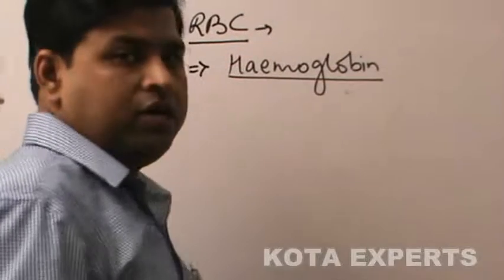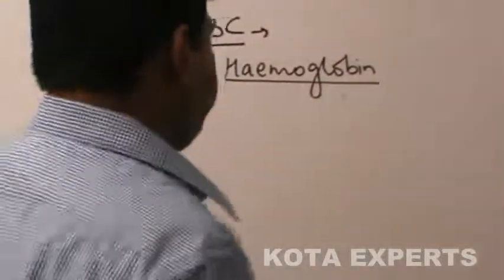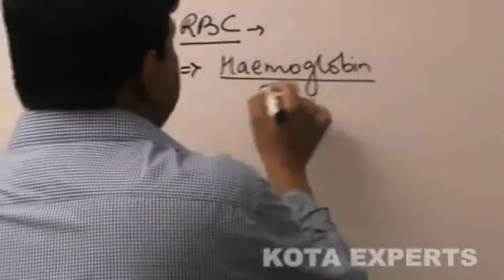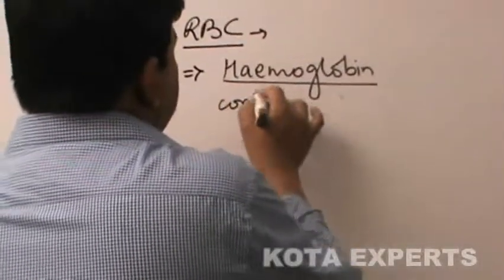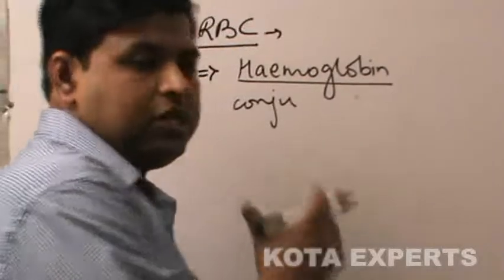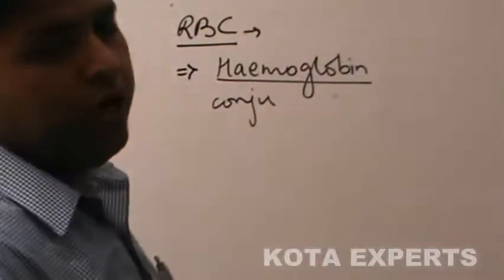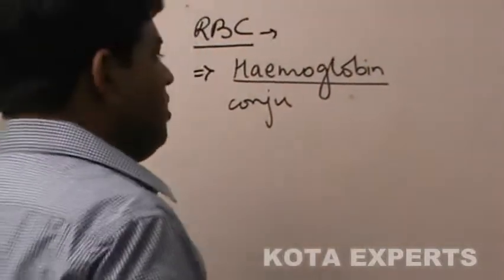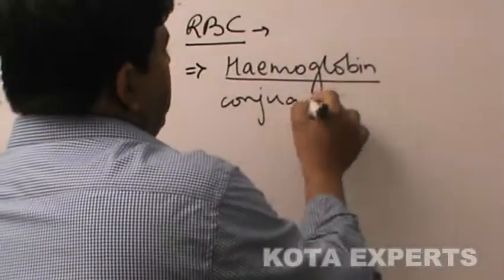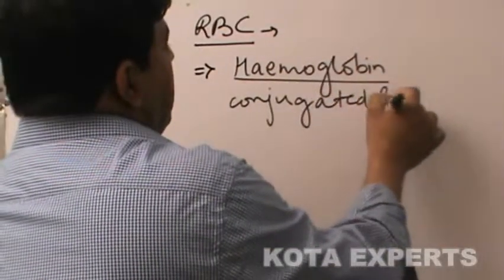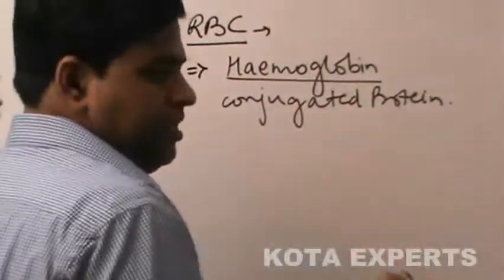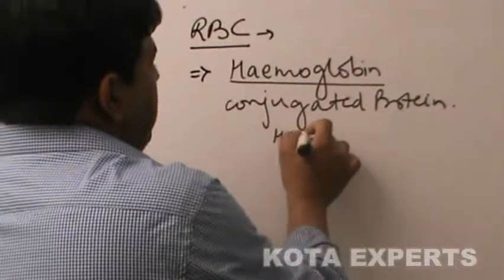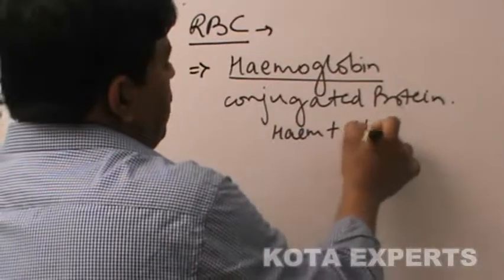Because of the pigment hemoglobin, this is red in color. So it is a conjugated protein. The chemical nature is it is protein. It is not carbohydrate. It is not any fat. Conjugated protein, because it is having two parts. If we split it, it is having a protein part and a non-protein part.